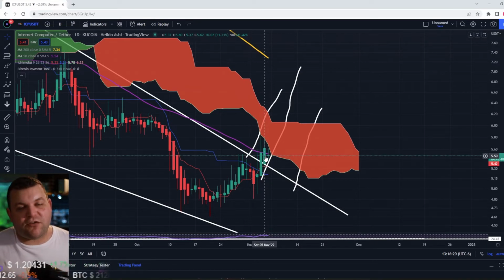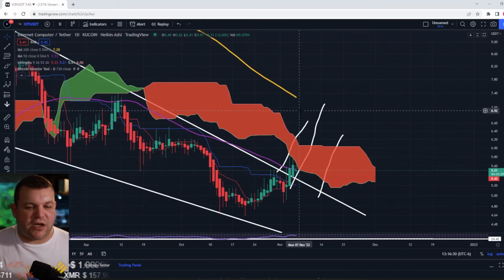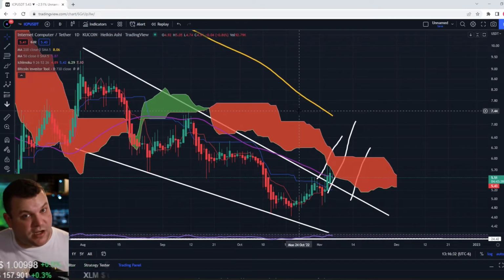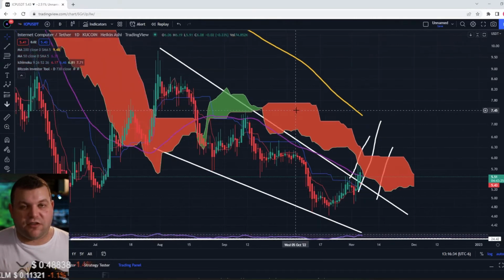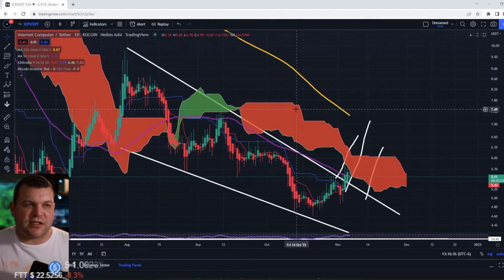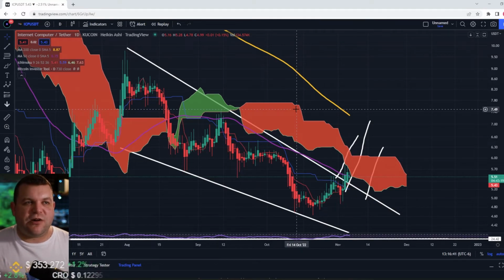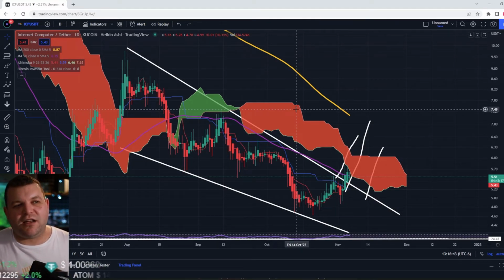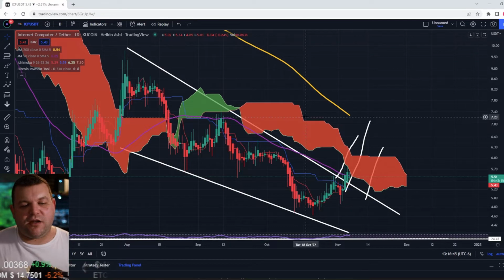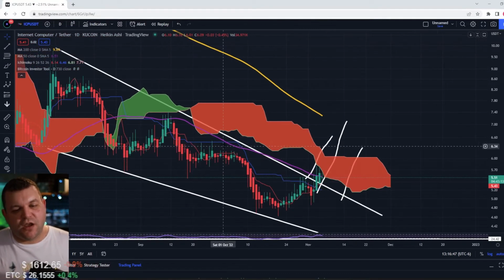If they don't have enough cash on hand to buy these tokens back at these prices, they might resort to selling other tokens like Bitcoin, Ethereum, Binance token, stuff like that, to drag the market down. And then FTX could recapture these tokens at a later date for pennies on the dollar, perhaps.